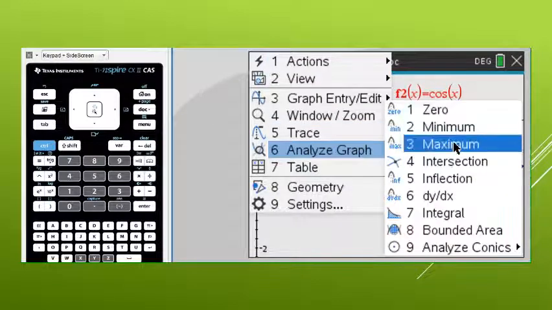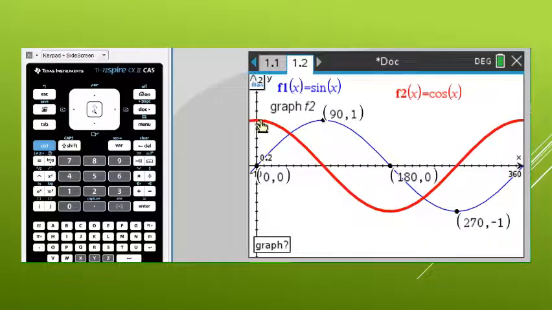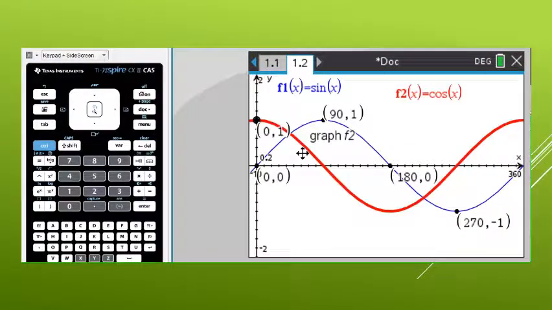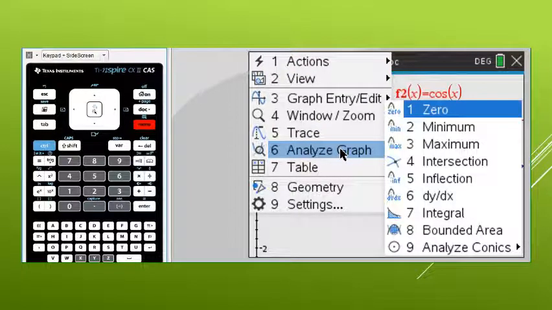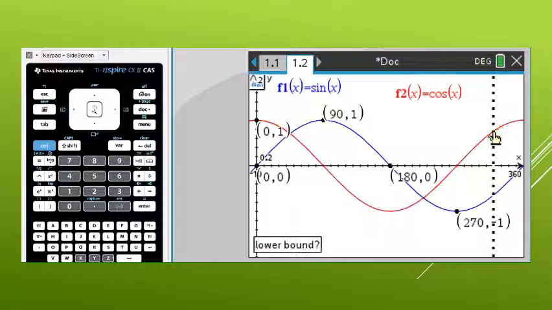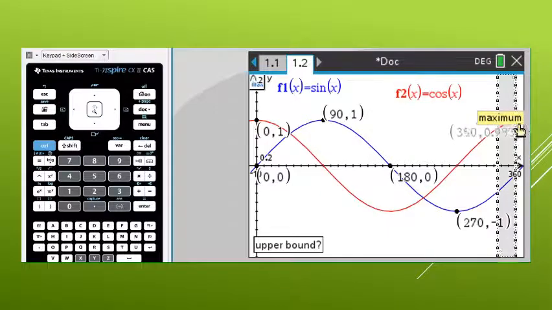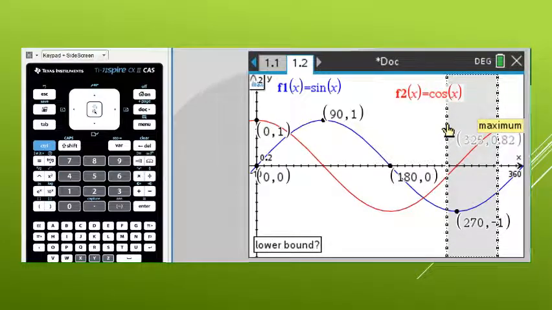We can mark a few points, the maximum of this graph here. It's also got another maximum out to the right there. I don't know if it'll allow me to do this. Yeah, it won't, because I can't go past 360. So I might escape off that.